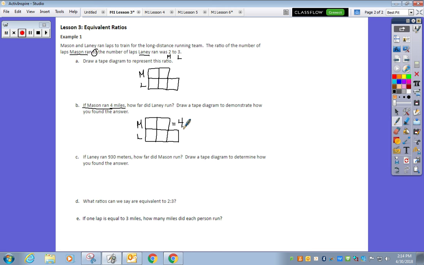In a tape diagram, the idea is that each of these sections are equal to the same amount. Okay, so whether it's in Mason's bar or in Laney's bar, because it's a consistent ratio, each section would have the same number inside of it. For Mason, his 2 laps were equal to 4 miles.